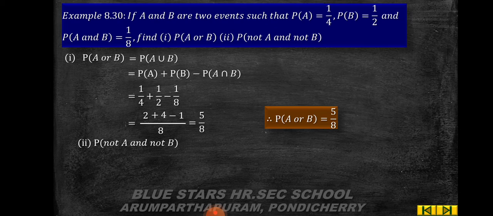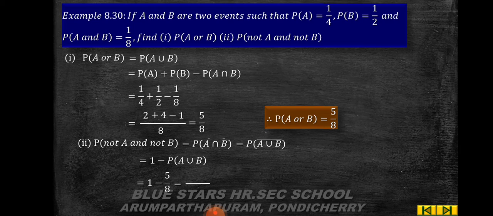Next, P of not A and not B is equal to P of A bar intersection B bar, which is equal to P of A union B the whole bar, which is equal to 1 minus P of A union B. Already we know the formula, P of A bar is equal to 1 minus P of A. So similarly we are using the same formula: 1 minus P of A union B, which is 5 by 8, which is equal to 8 minus 5 by 8, which is equal to 3 by 8.